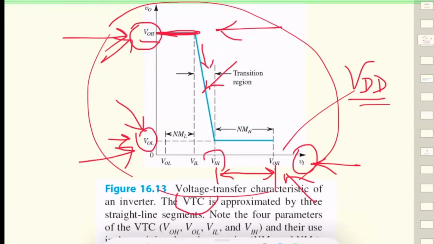But now this level is important. We can say that it's the maximum value the input can have while being interpreted by the inverter as representing a logic 1. So these four parameters are important, especially when we talk about noise margins of an inverter.